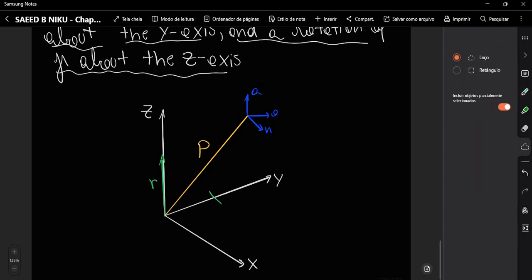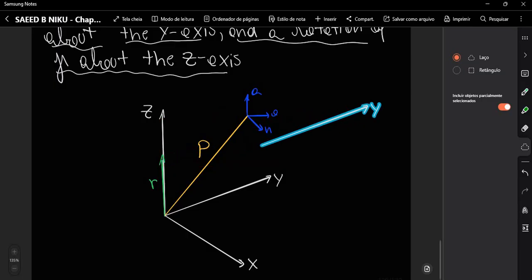Okay, so now as we are more experienced, we just need to please imagine that the y-axis is right here on this point.